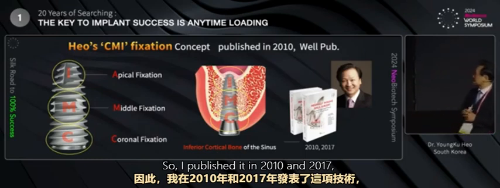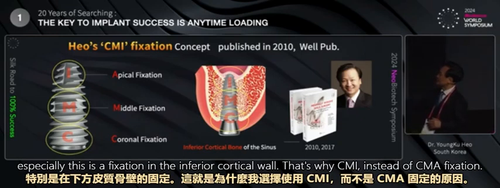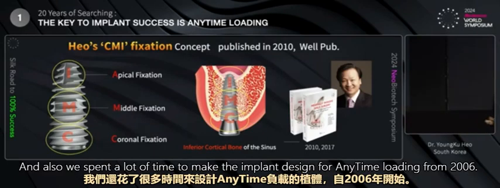I published it in 2010 and 2017. Especially, this is a fixation in the inferior cortical wall. That's why CMI instead of CMA fixation.